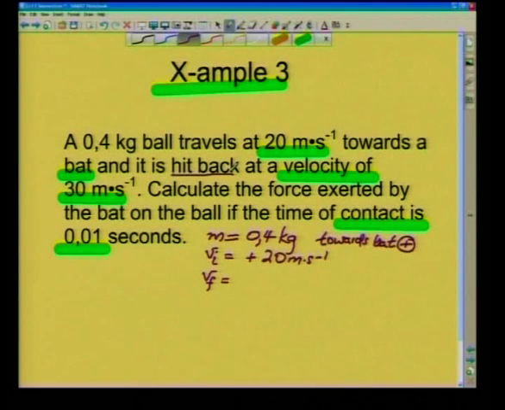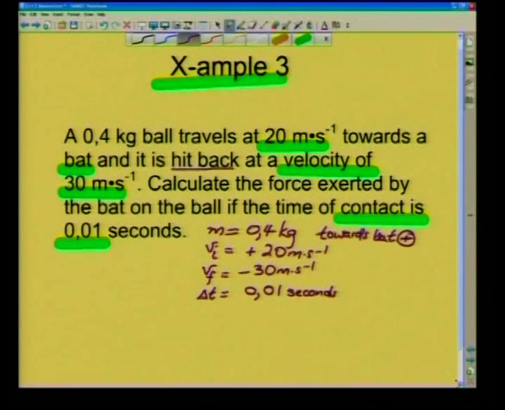So that will be minus 30 meters per second. That will be our V final. And we are also told that the time of contact between the bat and the ball is 0.01 seconds. We don't have to worry about minuses and pluses here because time is a scalar quantity. It doesn't have direction.